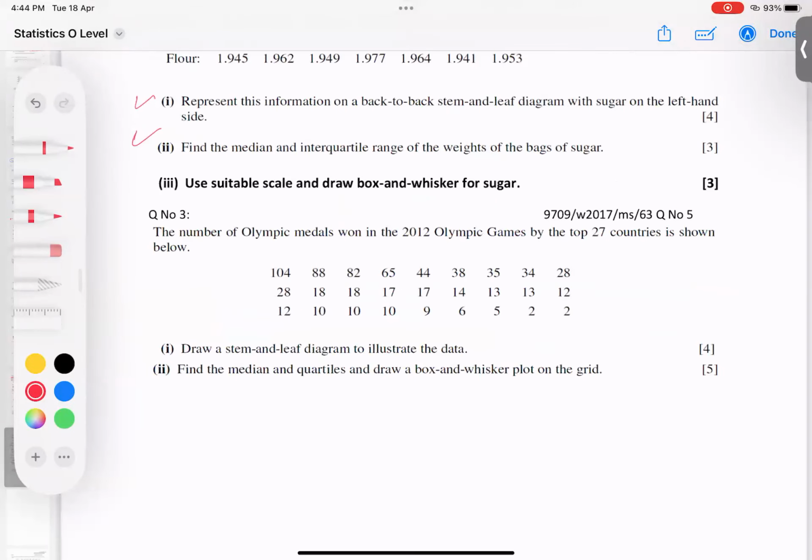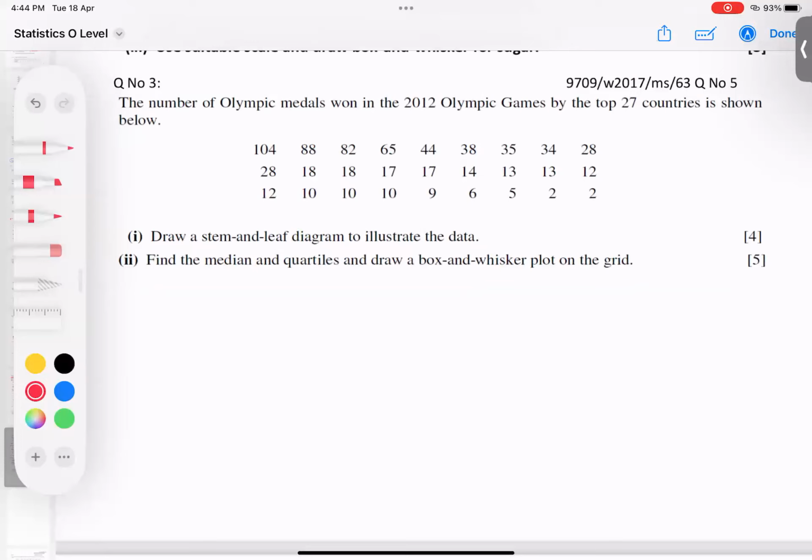There are some rules and regulations for this topic. I picked this question from an A levels paper, October 17, MS4. You can check the mark scheme even. Draw a stem and leaf diagram for the data mentioned above. Step number one, you always find out the smallest value.